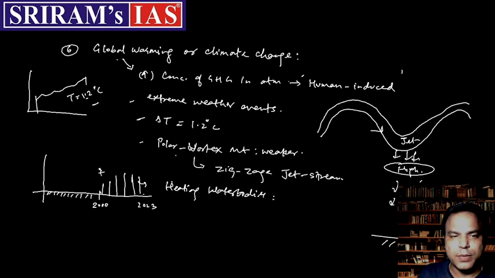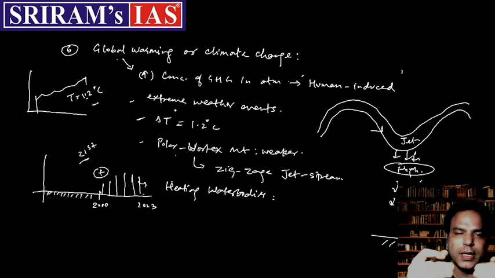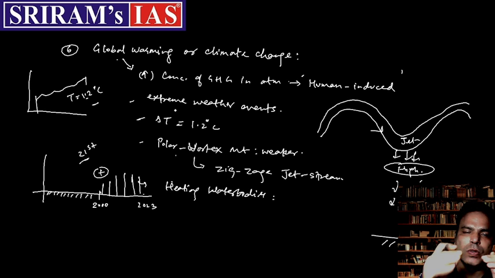So positive thermal anomaly is more reported due to global warming. The global warming effect is getting stronger and stronger in the 21st century. Already the world temperature from the pre-industrial time has increased more than 1.2 degrees Celsius. Due to global warming, the polar vortex is getting weaker and weaker. So what happens? The polar jet stream and other jet streams become more meandering.